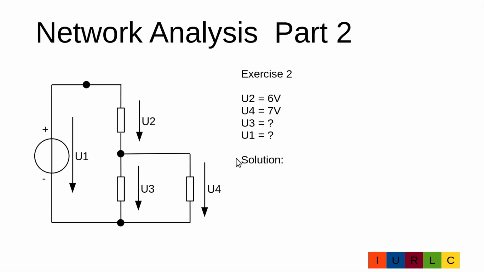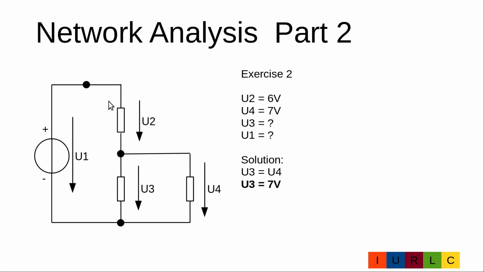Here's the solution for exercise 2. We have here our loop. We set the counterclockwise voltage U3 equal to the clockwise voltage U4. Put in the concrete number and get U3 is 7 volt.